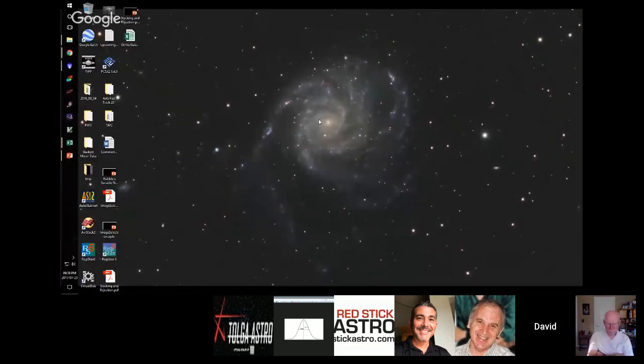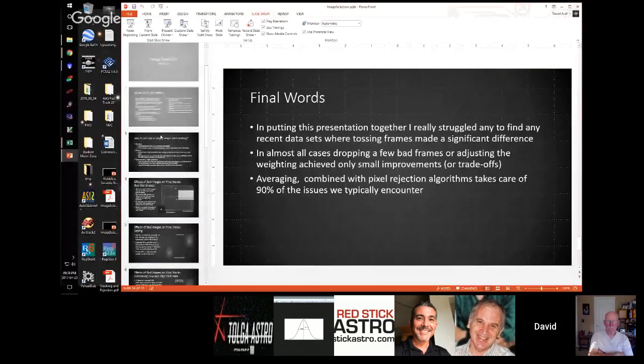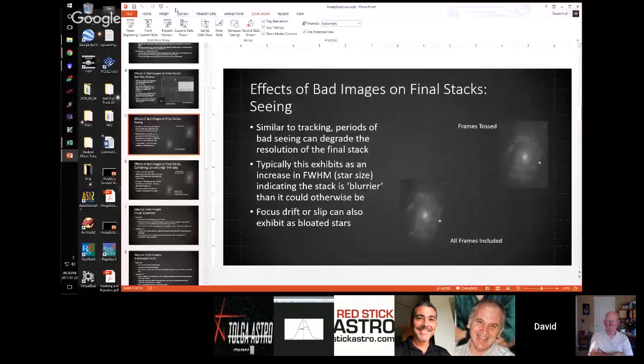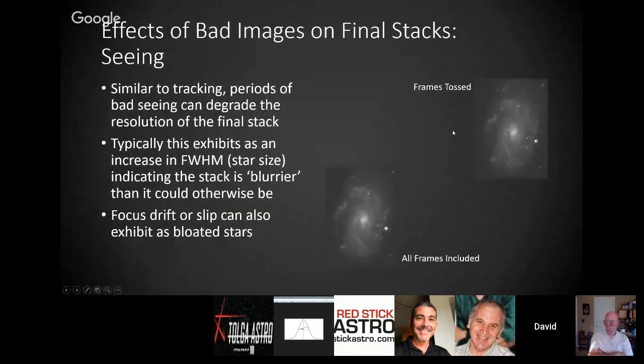Let me go to his third follow-up question. Yes, I was wondering if I could stack my good images and then add some of the discarded ones back and see how they affect the stack data-wise. Yes, absolutely, you can do that. In fact, for some of these comparisons, like in the presentation, you see things like this, right? This is just a visual comparison, but it's effectively doing the same thing.